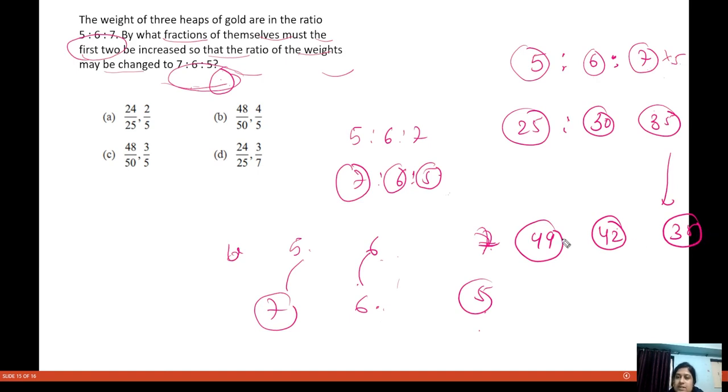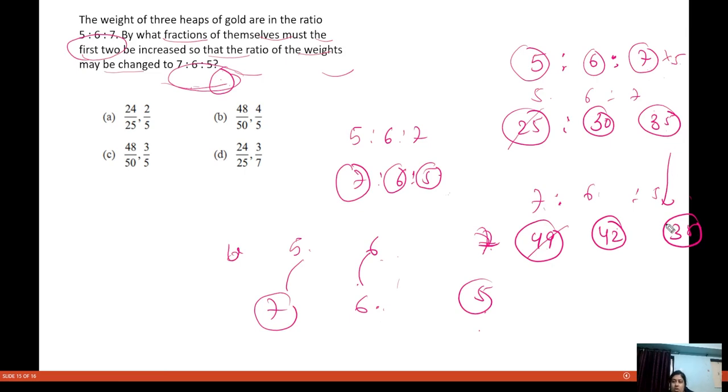Now, if you see the ratio, this is 7 is to 6 is to 5, because 7 sevens are 49, 7 sixes are 42, and 7 fives are 35. If you check, the original ratio is 5 is to 6 is to 7, and this ratio is 7 is to 6 is to 5.